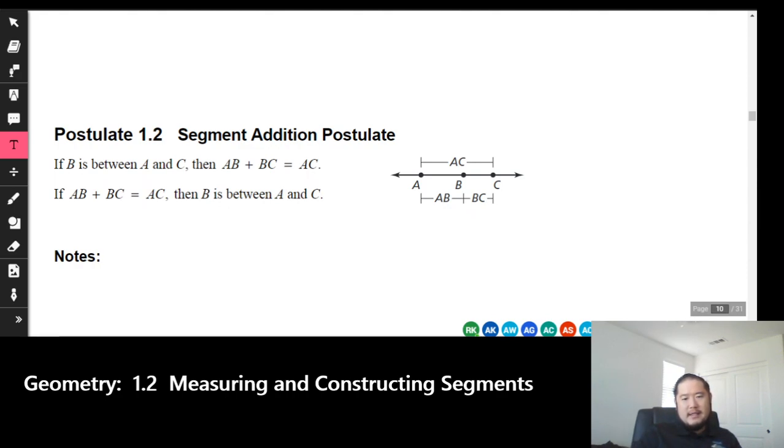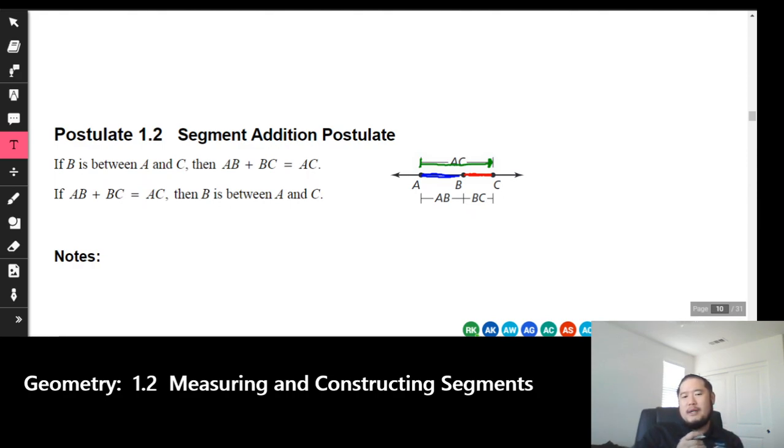If I take segment AB, which I highlighted in blue, and I take segment BC, right there in red, and I add those two small segments together, it will equal the big segment AC, which I highlighted in green. So by taking two segments and adding them up, that'll get me the big one. That is the segment addition postulate.